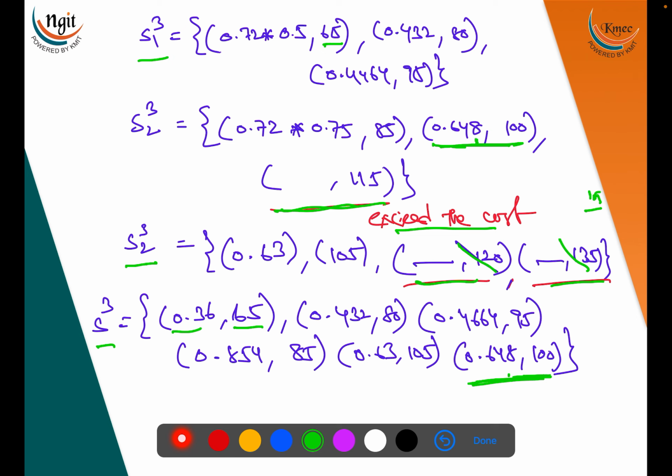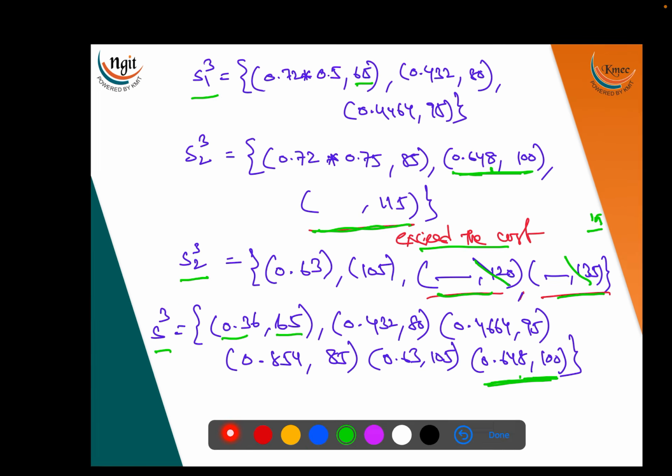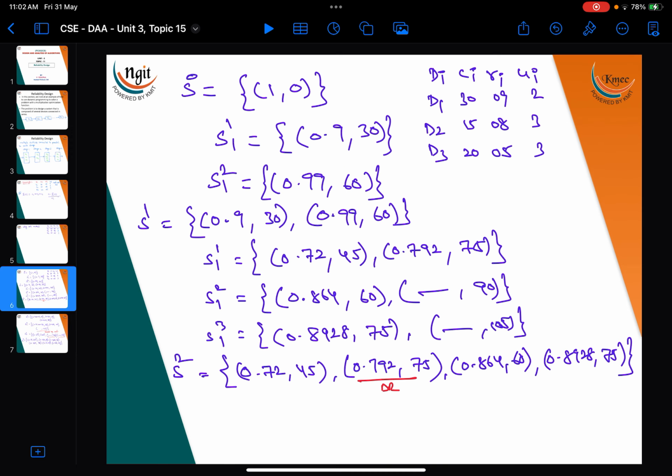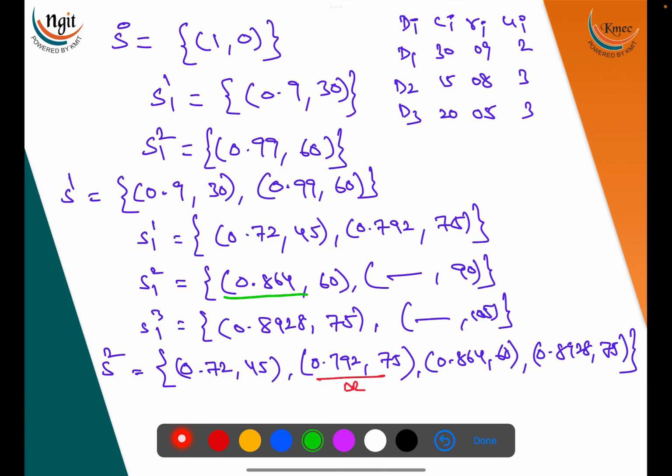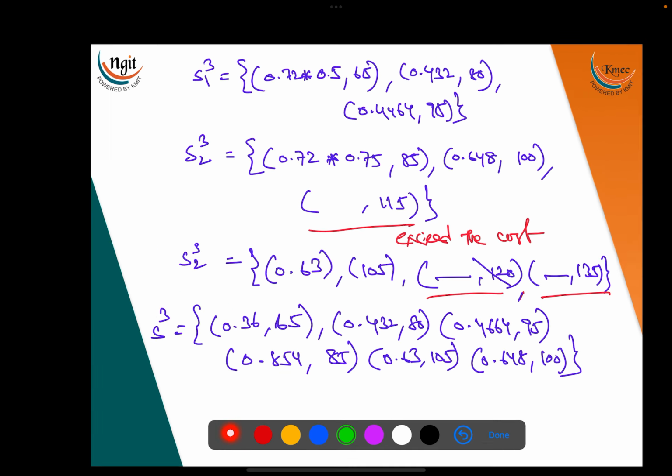If you go back, you will find in S2 set, 0.864 is the base to generate that S3 value, right? Now from where did we get this? From 0.930. So what I wanted to conclude is, whichever values we were seeing now, all those values were included in the solution.